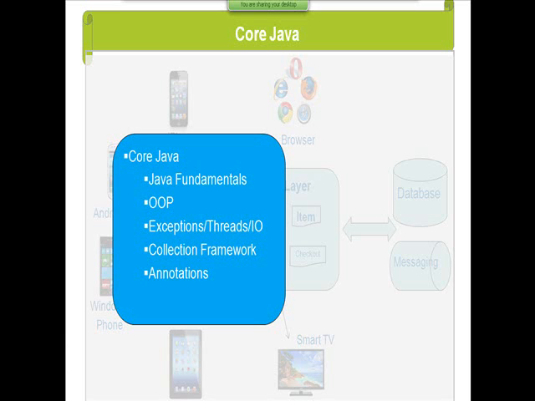What are annotations, when do you use them, and what is the advantage of using annotations? And enums, a concept introduced from Java 1.5 onwards. We are also going to learn concurrency collections, boxing and unboxing. All those things we will be learning as part of the core Java fundamentals.